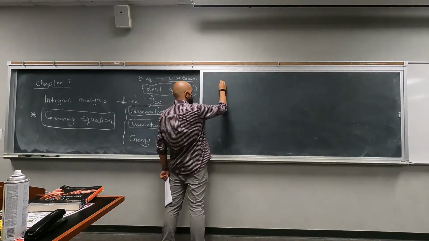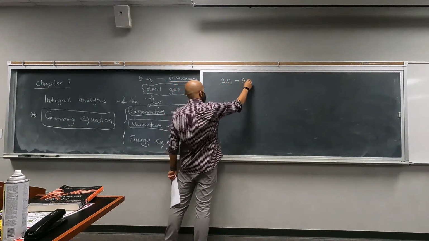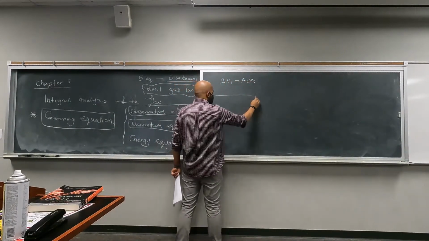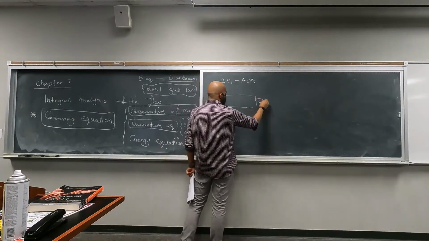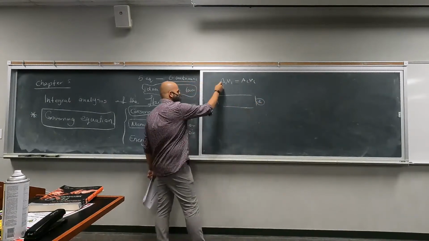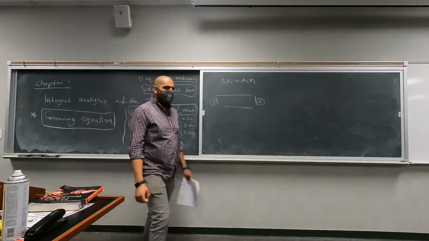For conservation of mass, the simplest form was between two points, let's say we are in a duct, point 1 and point 2. We can say A1 V1, if the density is constant, equals A2 V2.